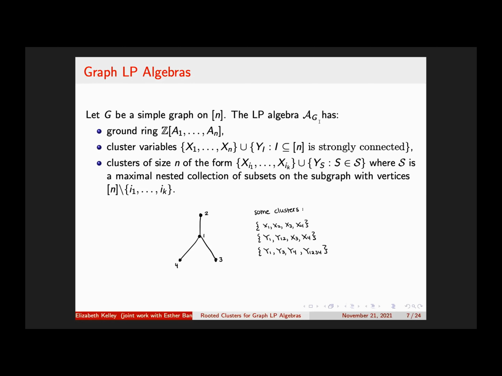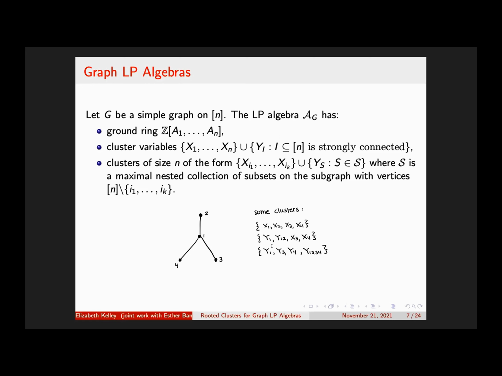So just to give you some examples on this graph that we've seen already, some clusters here are, well, I could take an x variable for each vertex, or let's say that I took the x variables for vertices 3 and 4, then I just look for a maximally nested collection of subsets on vertices 1 and 2. And one way to do that is to pick vertex 1 and the subset 1, 2.